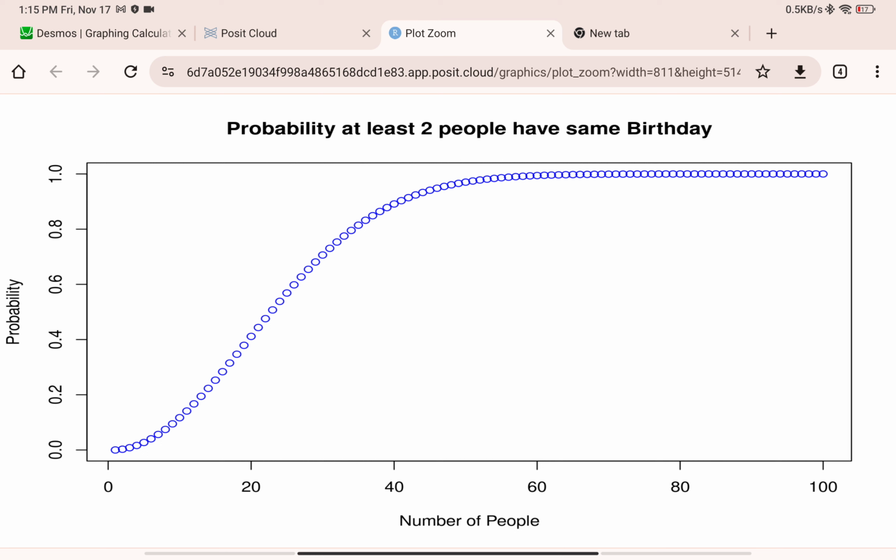As the number of people increases, the probability also increases. And if it is somewhere around 23, it is going toward 0.5, I mean the 50% is going to be computed.